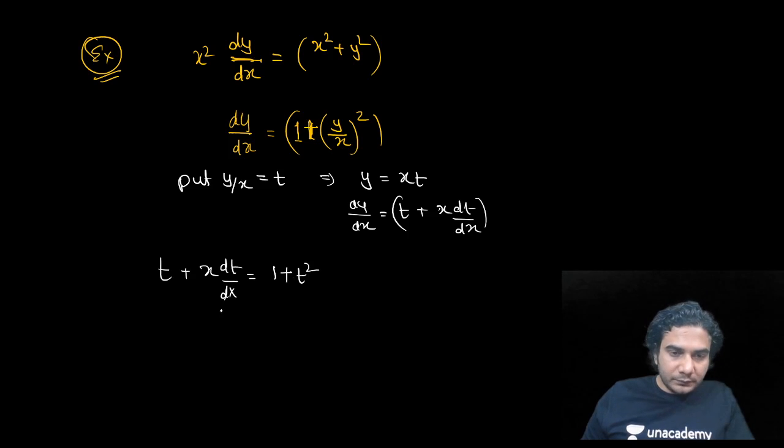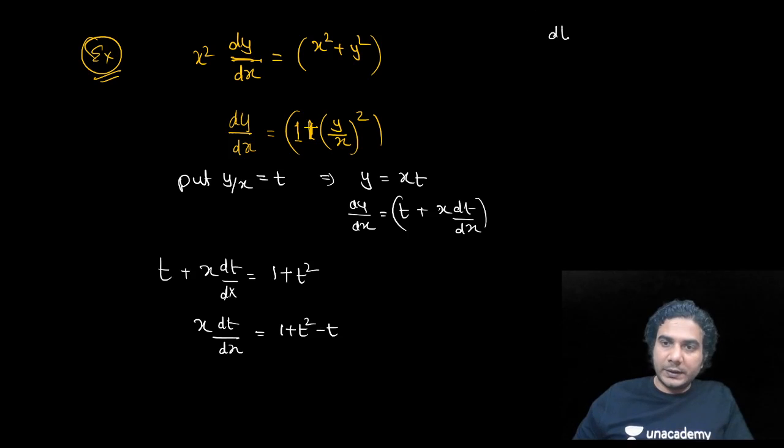So x dt upon dx is equal to 1 plus t square minus t. So it is dt upon 1 plus t square minus t is equal to dx upon x.